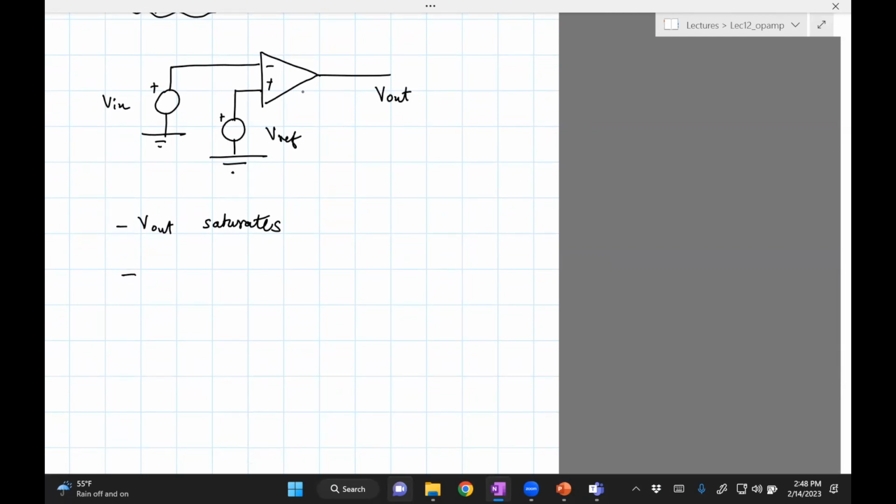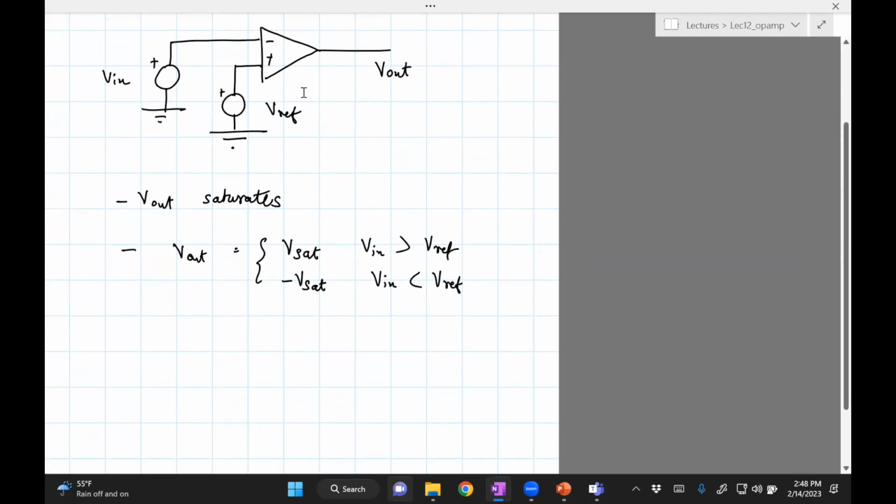Let me write the expression first. V out equals V sat if V in is greater than V ref, and is minus V sat if V in is less than V ref. Now the question is, what would be the saturation voltage?